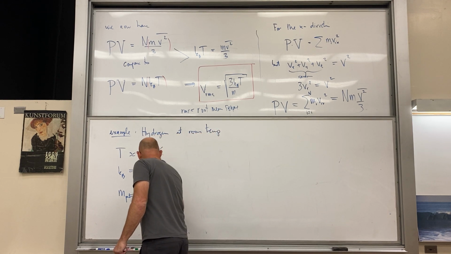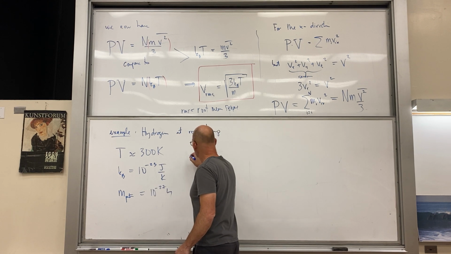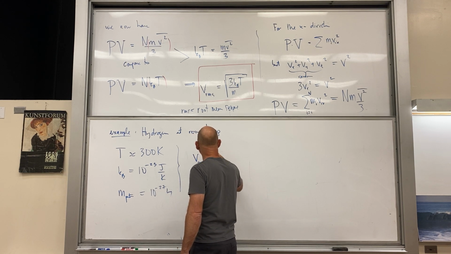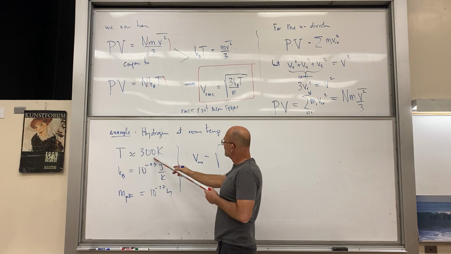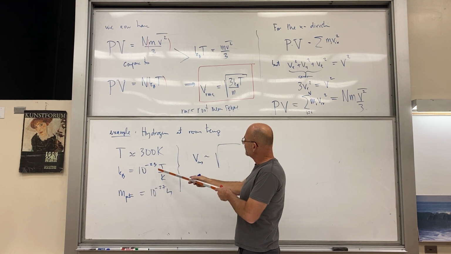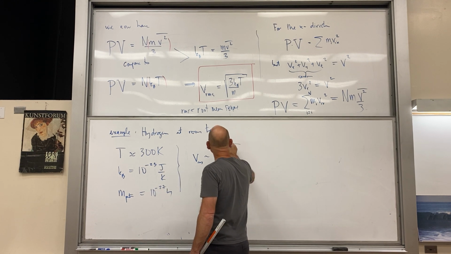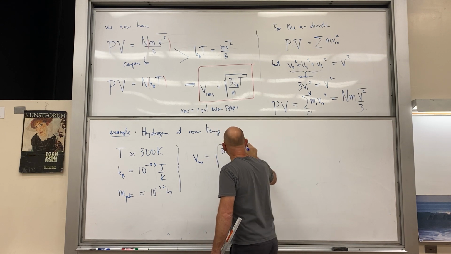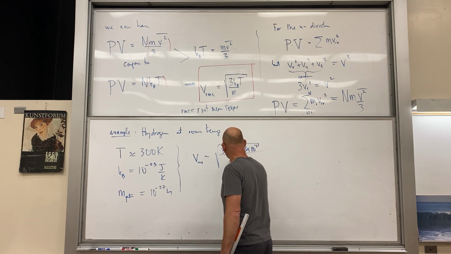So let's just keep this simple: 10 to the minus 27 kilograms. And then when we put this together, we're looking at 3 times 300, so that's about 1,000 times 10 to the minus 23. So 3 times 10 to the minus 23 times 3 times 10 squared, and then 10 to the minus 27.